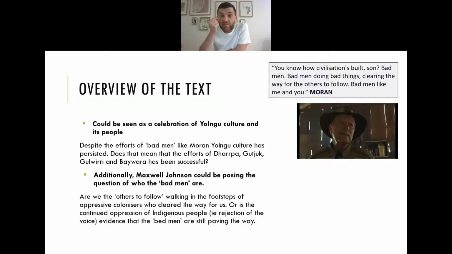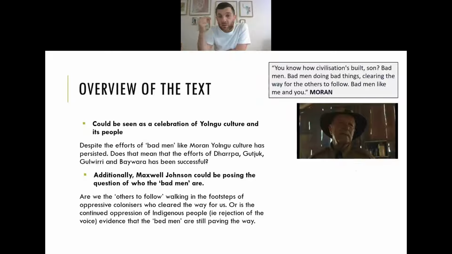So is the very fact that there's been a film made about these people 100 years after the massacre and after these events have happened an evidence of the fact that Dapa, Gutjuk, Gawiri, and Bewara's efforts have actually been successful? And is that part of the commentary that's being made by Maxwell Johnson?